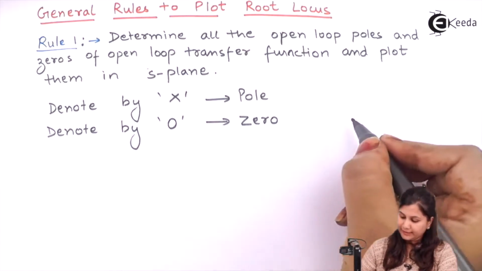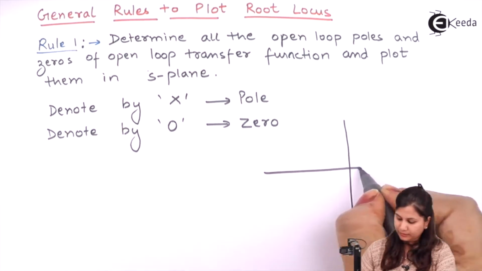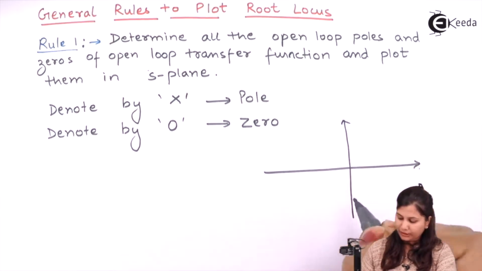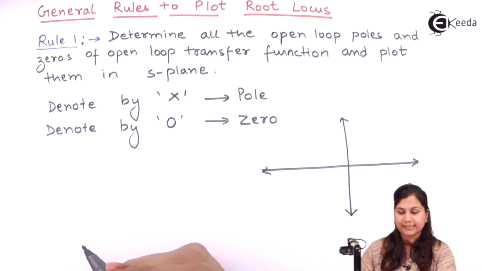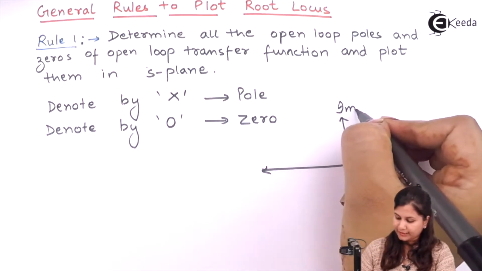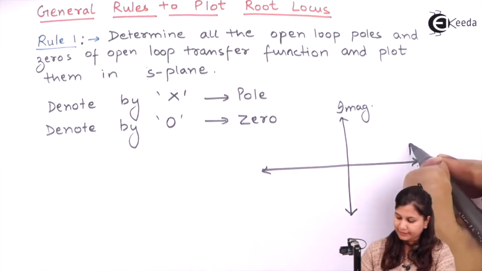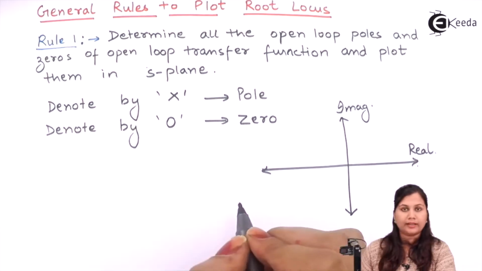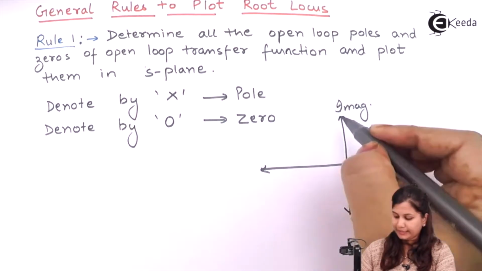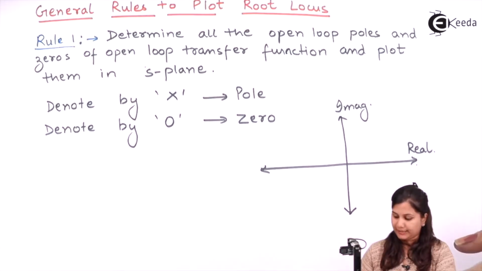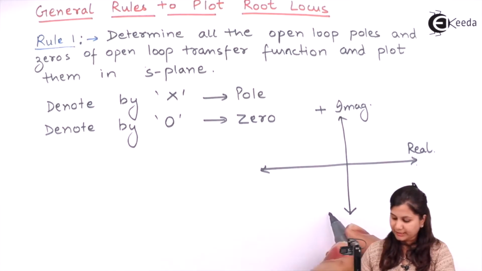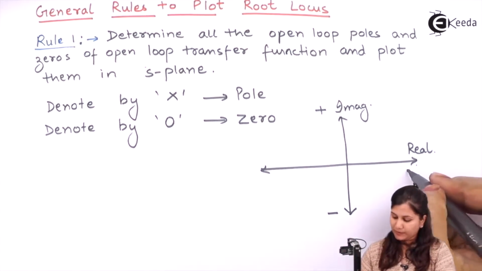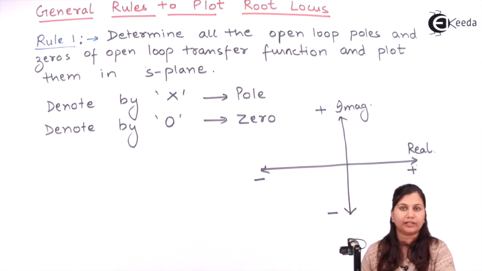Okay, so this is the S-plane. The S-plane consists of the imaginary and the real axis. The real axis is the horizontal line and the vertical line is the imaginary axis. This is the positive imaginary axis, this is negative, this is the positive real axis, and this is the negative real axis.